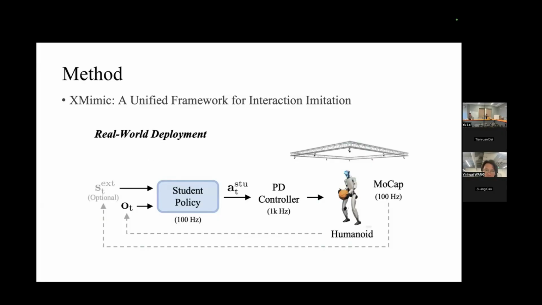The first mode is that we can ignore the object perception and use the proprioception to indirectly perceive the contact status of the object. This mode is very simple. Another mode is that we can use a mocap system to perceive the object status.